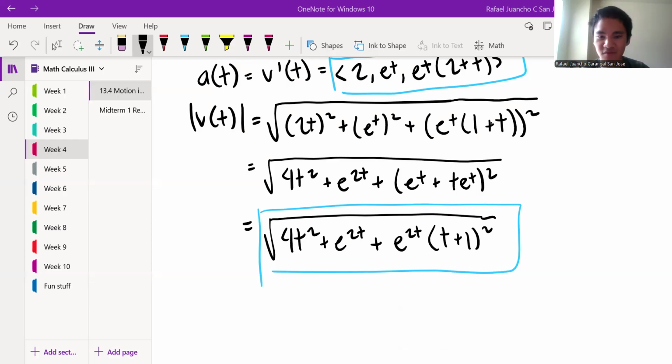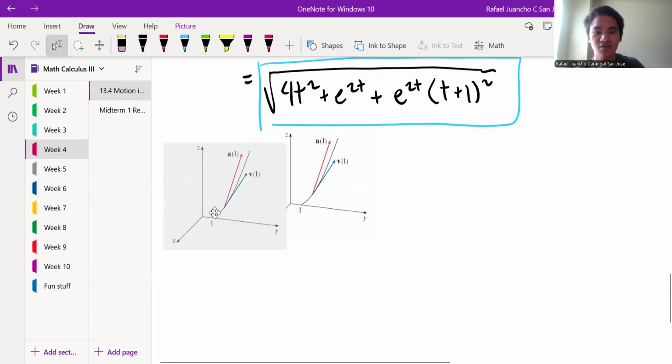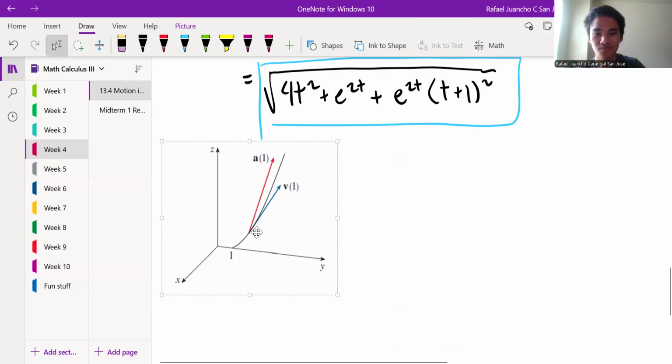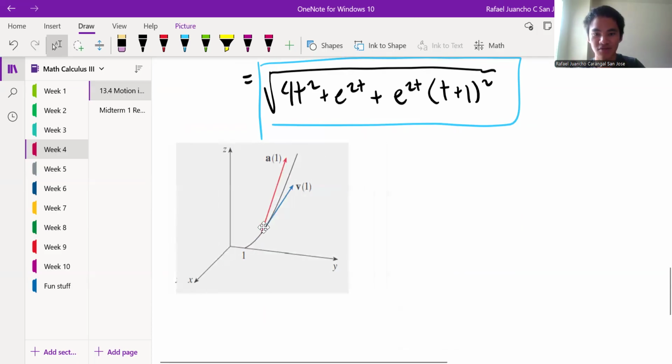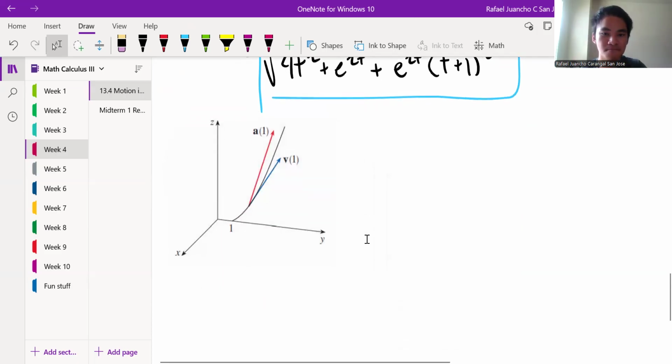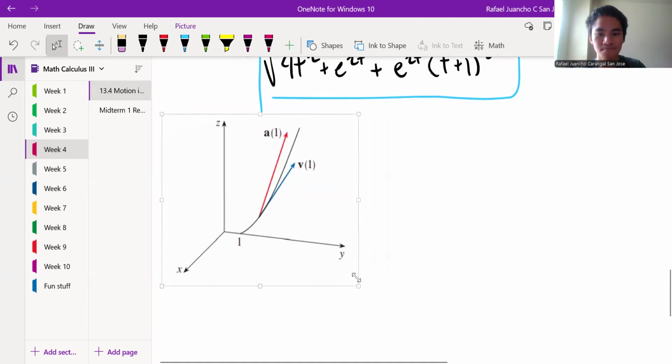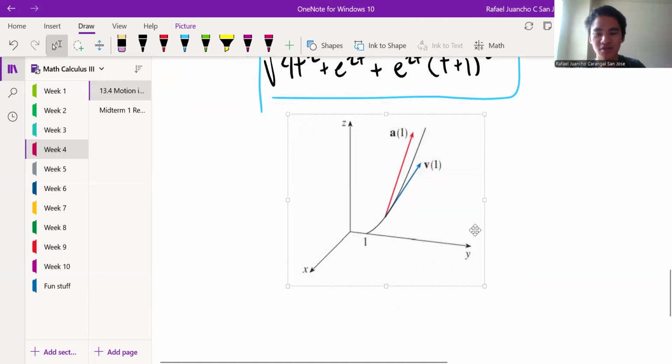And here's how a graph of it would look like. A graph of it would look something like this. I'm just taking a screenshot. I don't like drawing these things. So this is how the graph looks like. And I'm gonna assume again that this is at 1, 1.